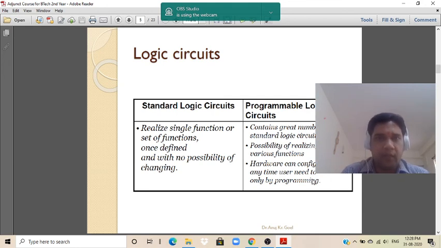So hardware can be configured at any time because there is a programming mechanism. We can program the devices with different mechanisms, and by that we can use them for different applications. So hardware can be configured for different types of applications by providing different programs.